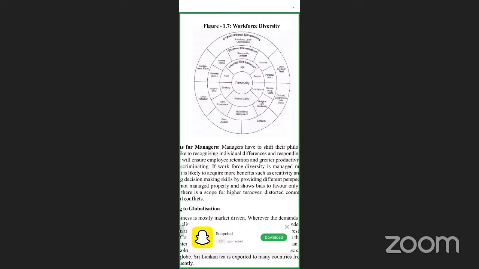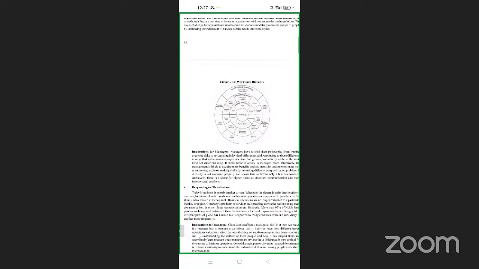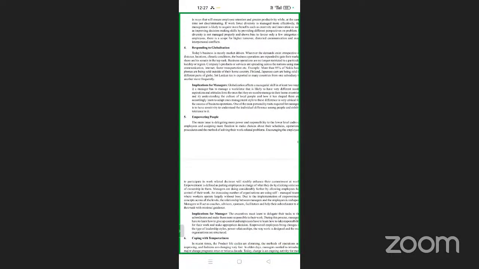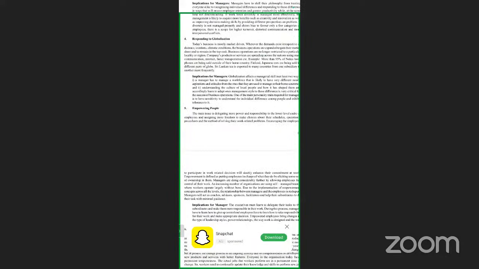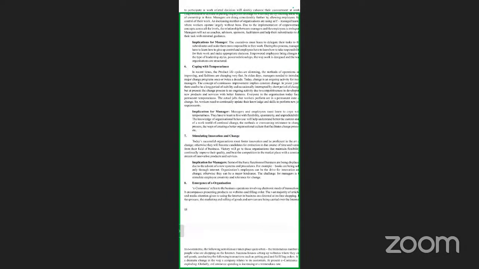But if focused on the individual sub-elements of it, the better the managers understand the individuals, the better the contribution towards the organization would be, and thereby contributing to the organizational goals. So likewise, we have responding to globalization, empowering people, coping with temporariness, stimulating innovation, improving ethical behavior, etc.